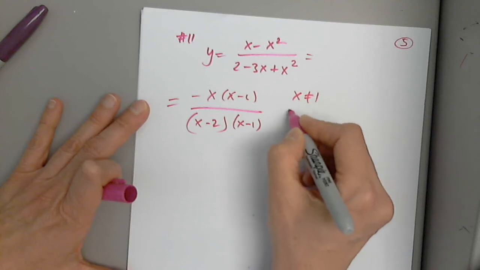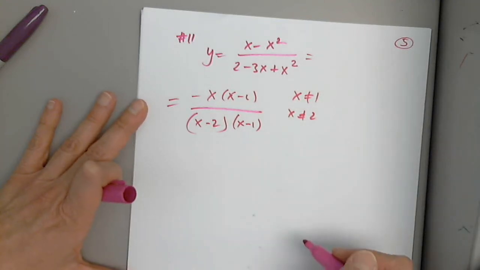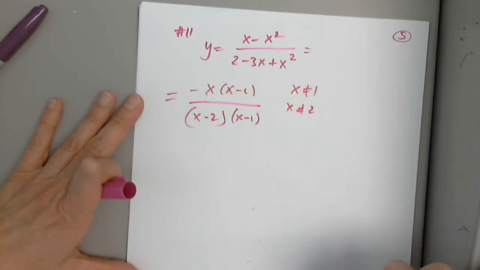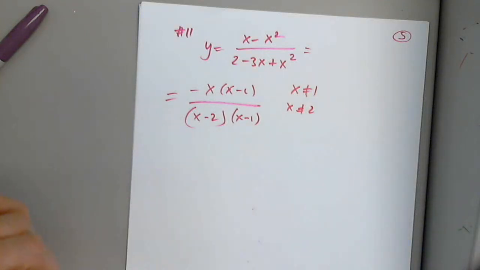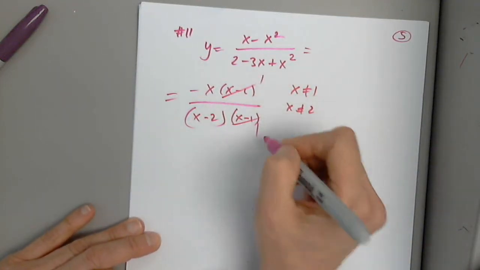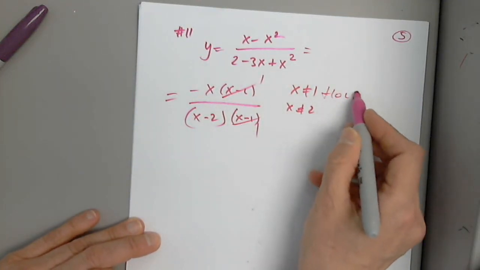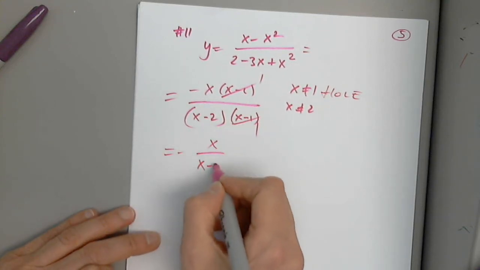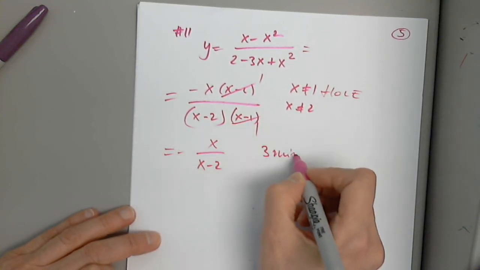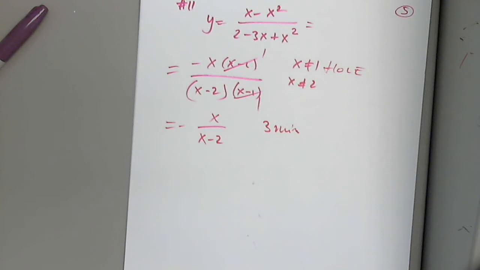So x cannot be 1, x cannot be 2. We did this problem in class? No, that was homework. Okay, so what would be the problem? Then this will be a hole in the graph. And you have negative x over x minus 2, which will take you 3 minutes to graph and go through all the steps. Is that okay?